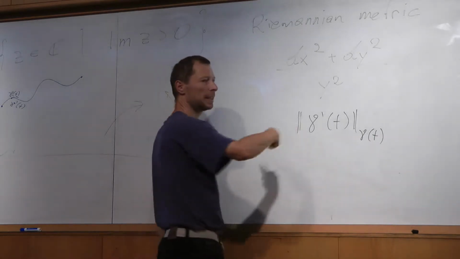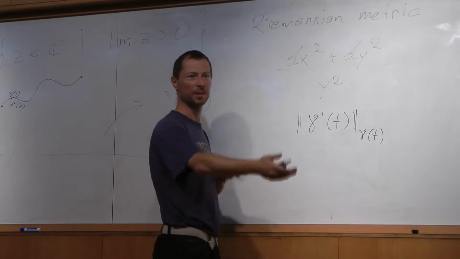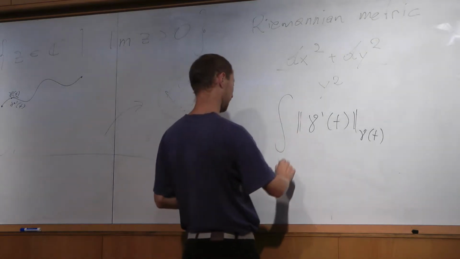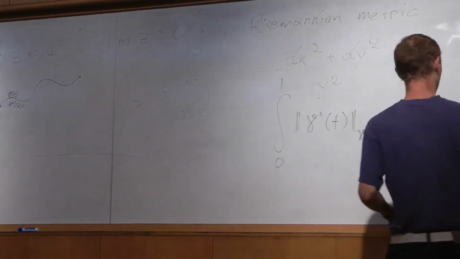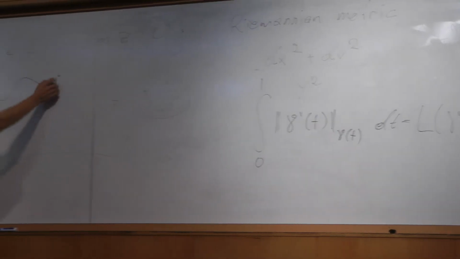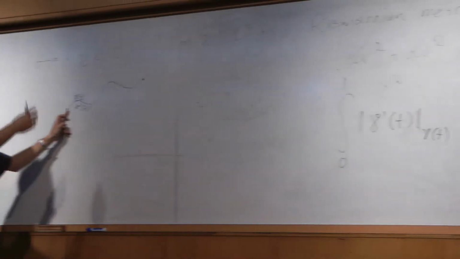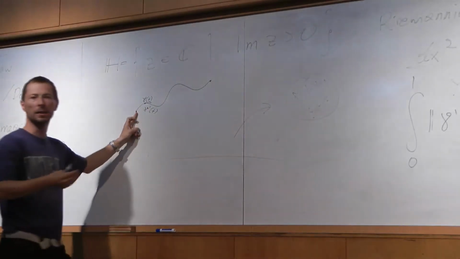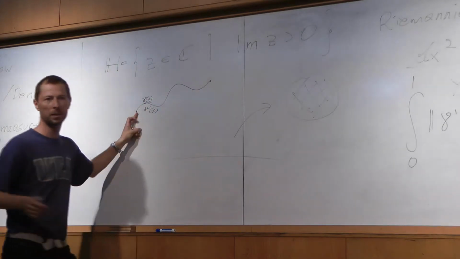And then distance traveled is the integral of the speed over time. So I look at this formula, and that's the length of the curve. And then I look at all possible curves going from here to there and try to find the shortest. If there's a shortest, I would call it the geodesic, and then calculate the distance of these 2 points by calculating the length of the geodesic going from here to there.